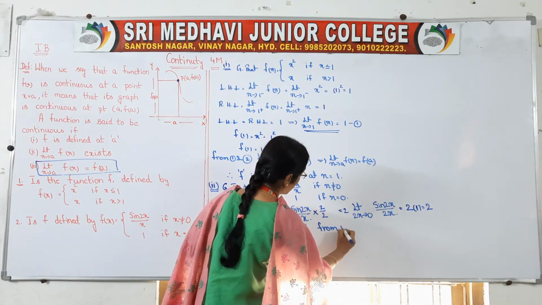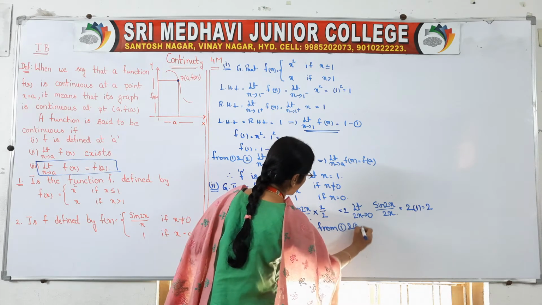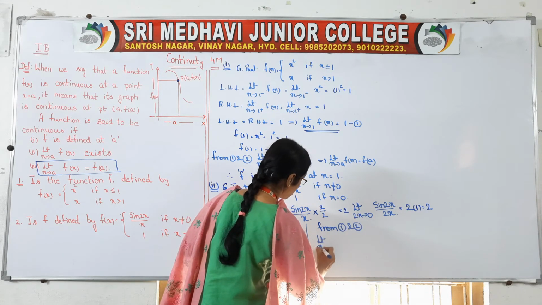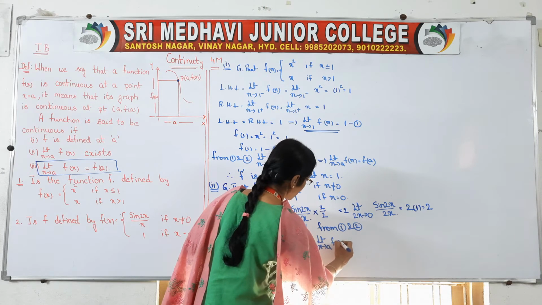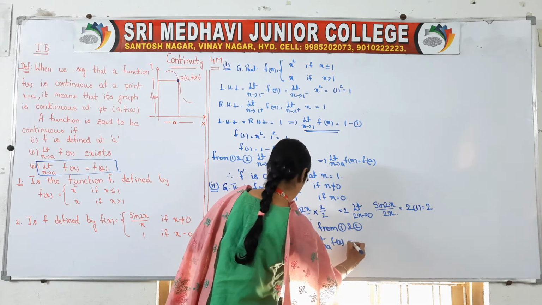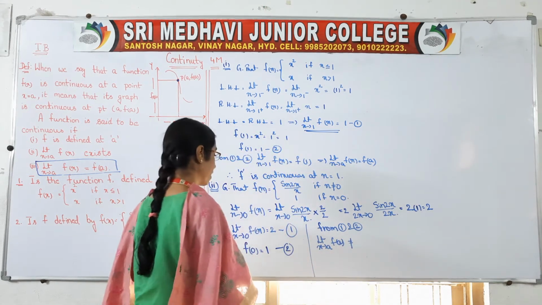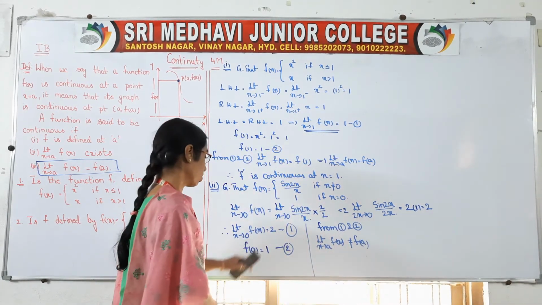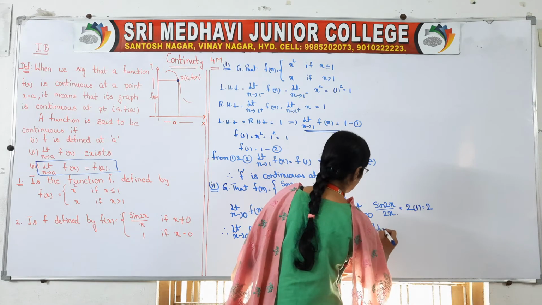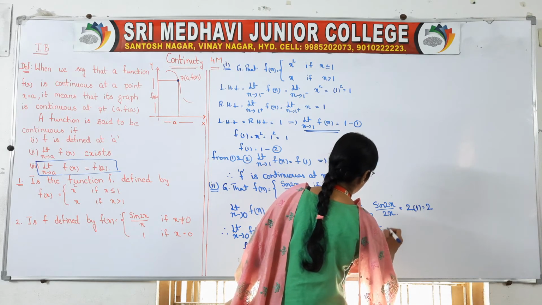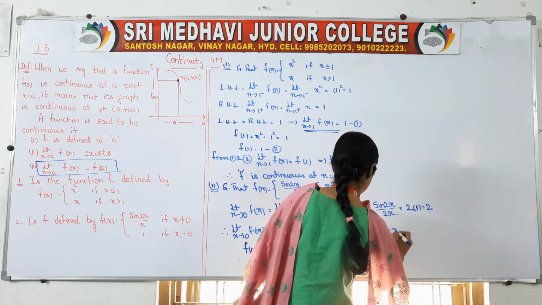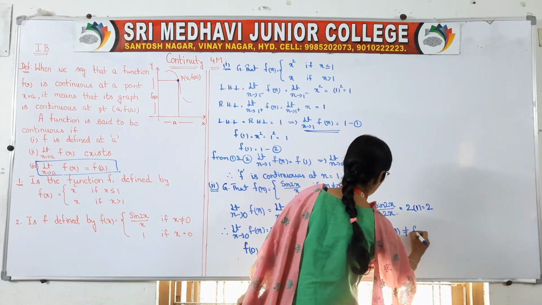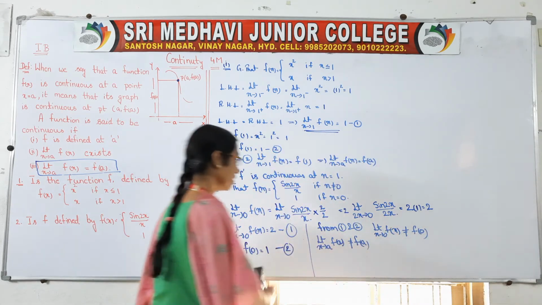From 1 and 2, limit x tends to a, f of x is not equal to f of a. Here, from 1 and 2, limit x tends to 0, f of x is not equal to f of 0. Isn't it?